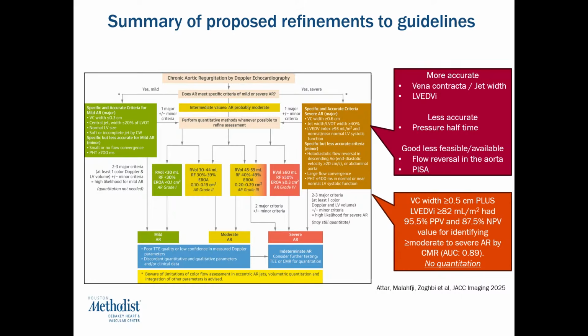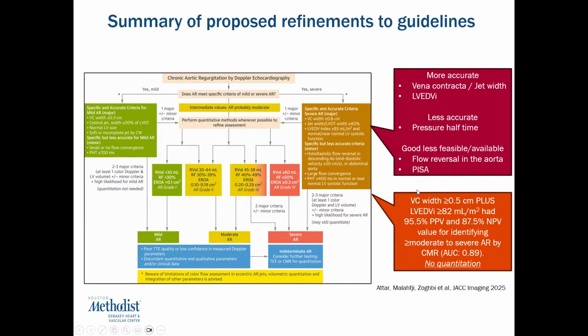In this study, because it had a huge number of people with bicuspid valve and eccentric jet, we were only able to measure PISA in about 40%. So a parameter can be very good, but if you can't really capture or measure it, it's not so helpful. But when you can measure it, it actually is very accurate compared to the others. It's not more or less problematic. You just have to have it.